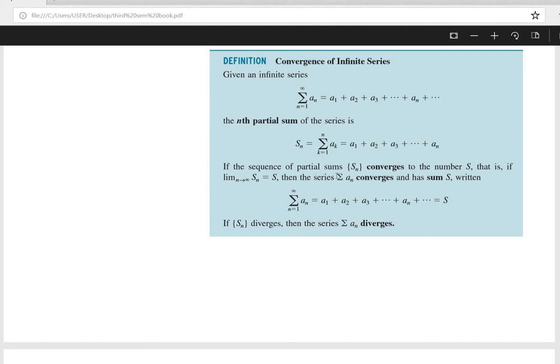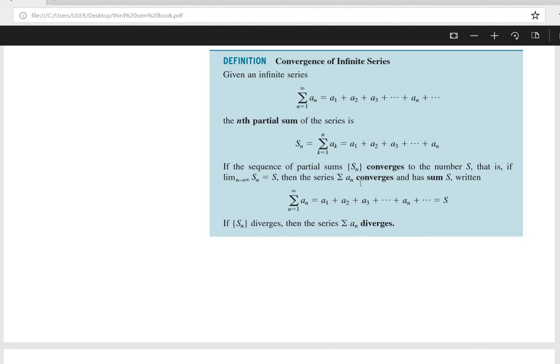If the sequence of partial sums Sn converges to the number S, that is, if the limit as n tends to infinity of Sn equals S, then the series sigma an converges and has the sum S. This is sigma n equal to 1 to infinity an equals a1 plus a2 plus etc. plus an plus etc., which is equal to S. If the sequence Sn diverges, then we say that sigma an diverges.